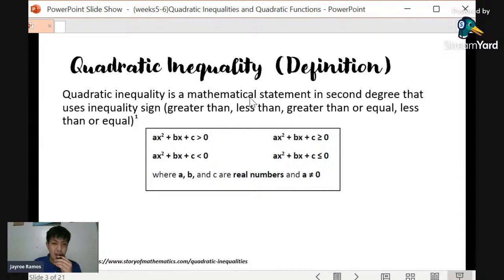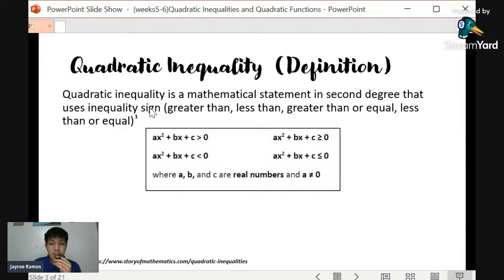So as you can see in our example. Ano ba yung mga inequality symbol na ginagamit natin? Papalitan lang yung equal sign and then gagamitin ay inequality symbol to make it quadratic inequality. As you can see here, ginagamitan niya ng greater than and less than, pwede ring greater than or equal, or less than or equal.